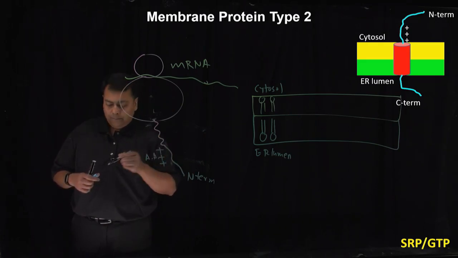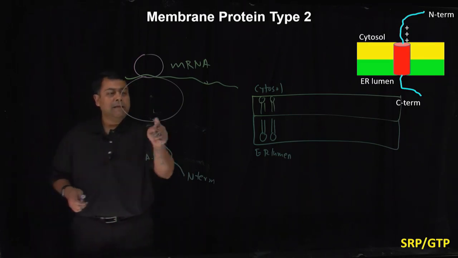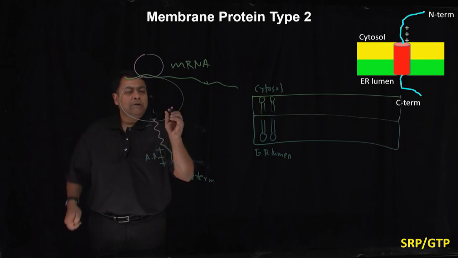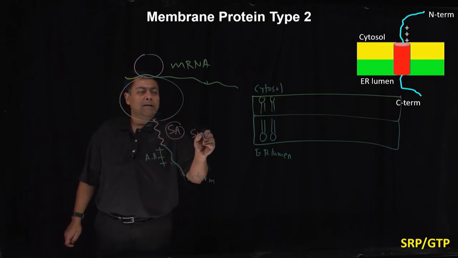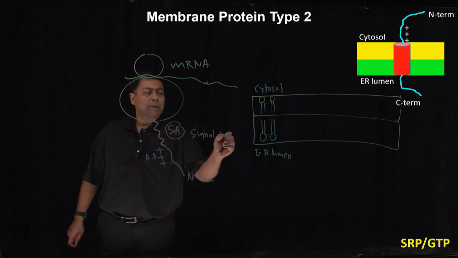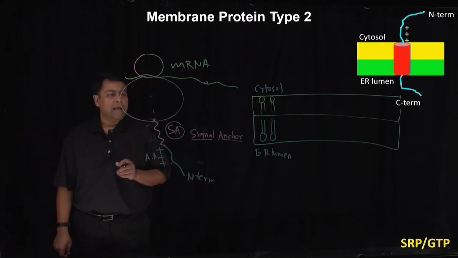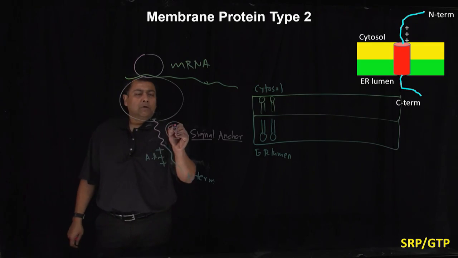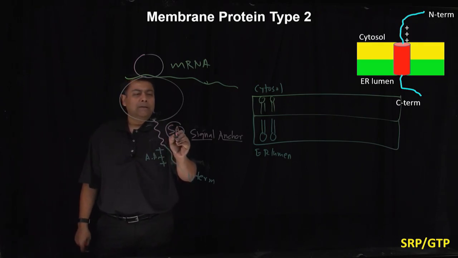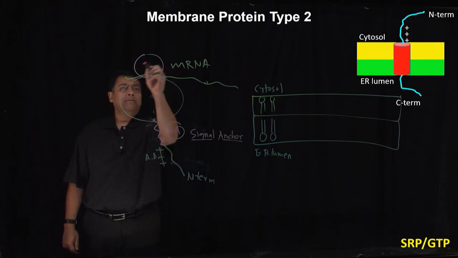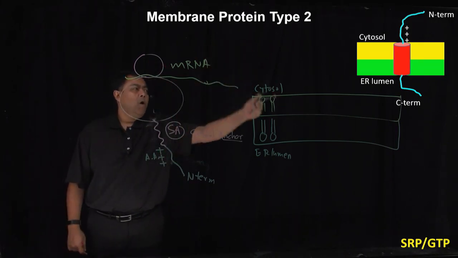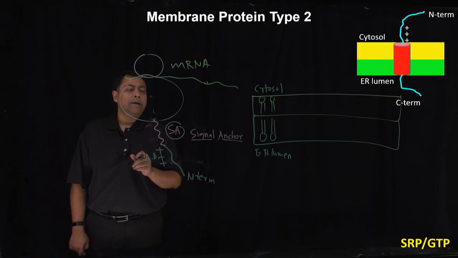Now, this sequence is known as the SA, or the signal anchor sequence. This is not STA, which is a stop transfer anchor signal. So the signal anchor sequence is basically the signal for the SRP to bind and bring that ribosome mRNA complex onto the ER membrane as well.